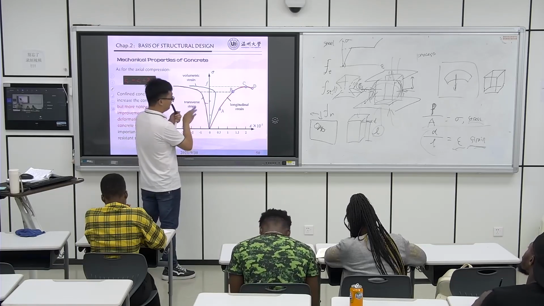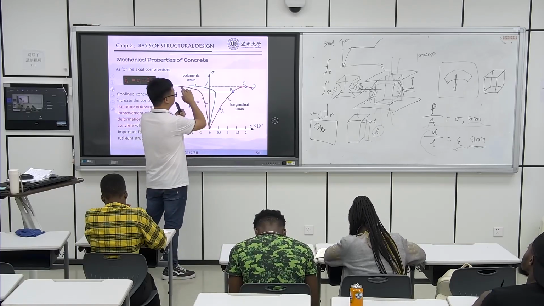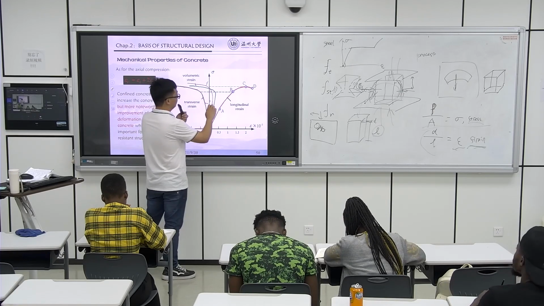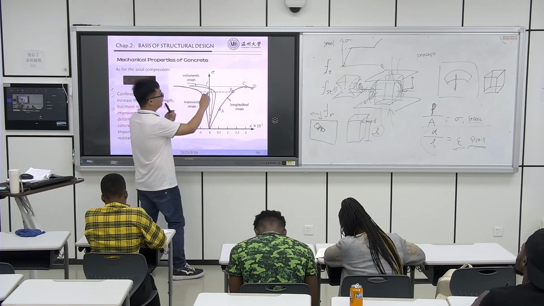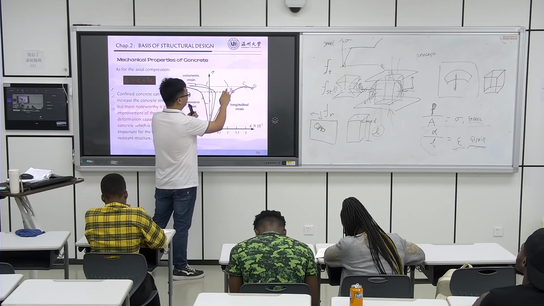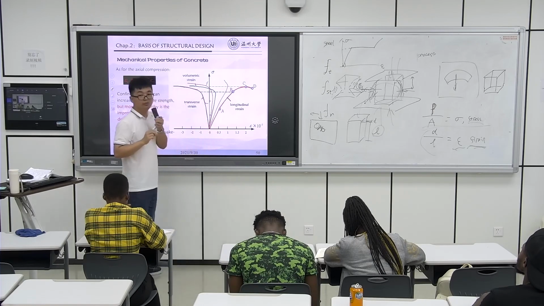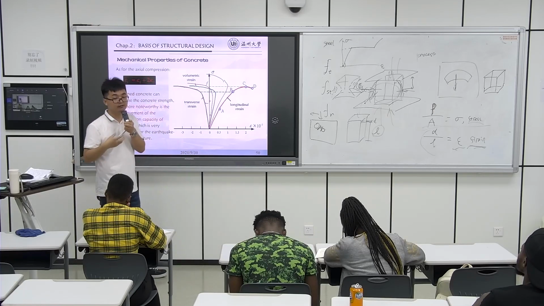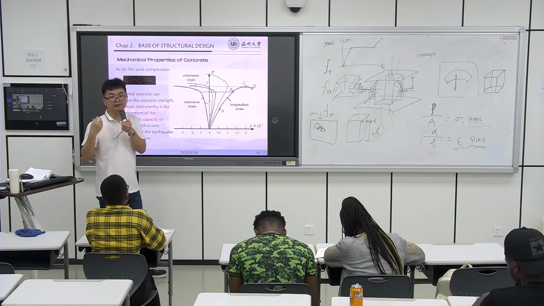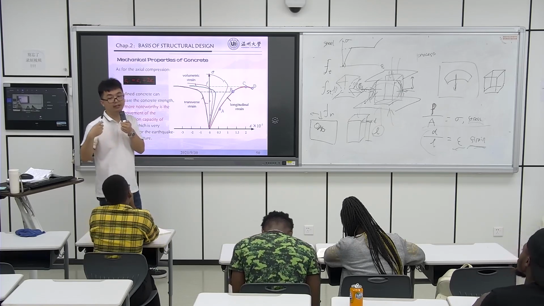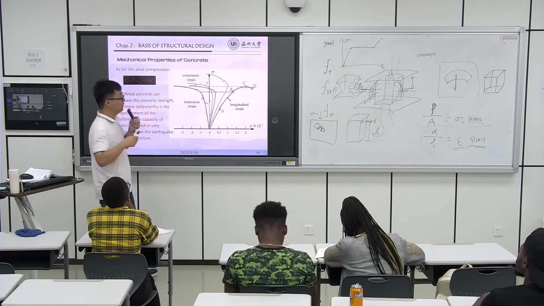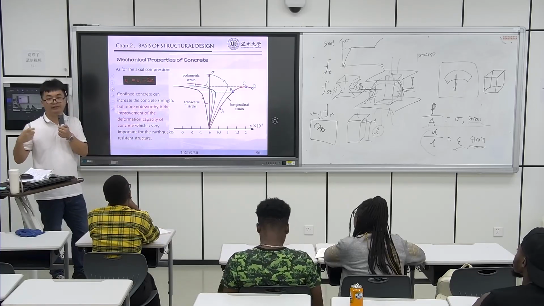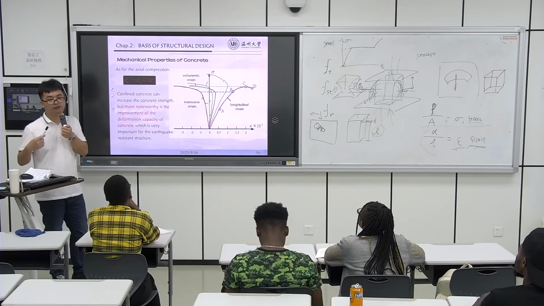If we give force to this transverse strain, then this curve, the volumetric strain, can resist larger deformation of the concrete. So the concrete can bear a larger load.